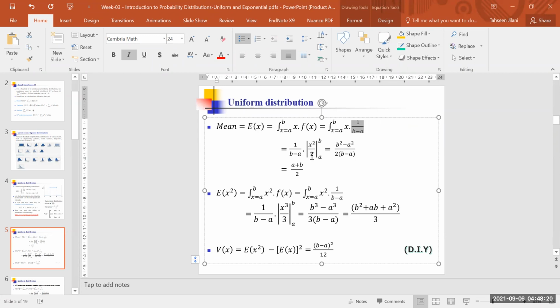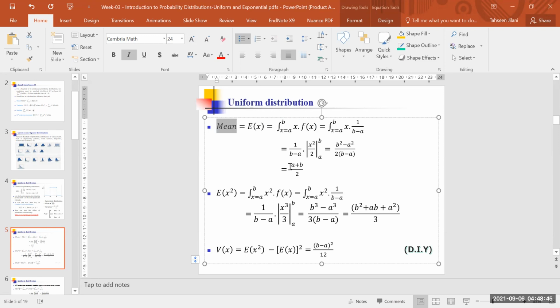The integral of x is x squared over 2, and then we get b squared minus a squared. It's the formula that you studied at school level, the difference of two squares. That answer will be (b minus a)(b plus a). So b minus a will cancel with b minus a, and we are left with (b plus a) over 2, or (a plus b) over 2, which is the mean value of the uniform distribution.